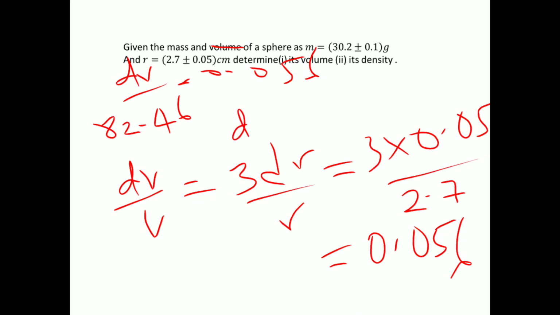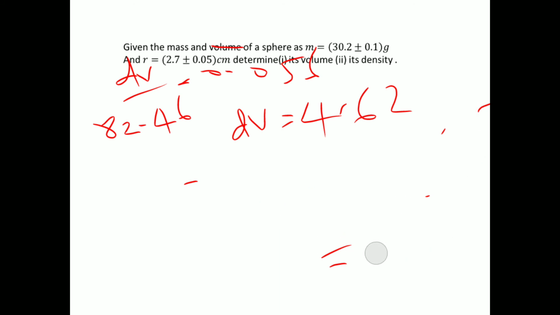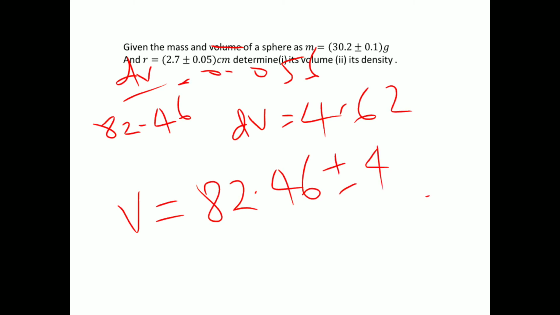That means my error in V is 82.46 multiplied by 0.056, which gives 4.62. So the final answer of our volume is V equal to 82.46 plus or minus 4.62. Okay, that's the answer for V.